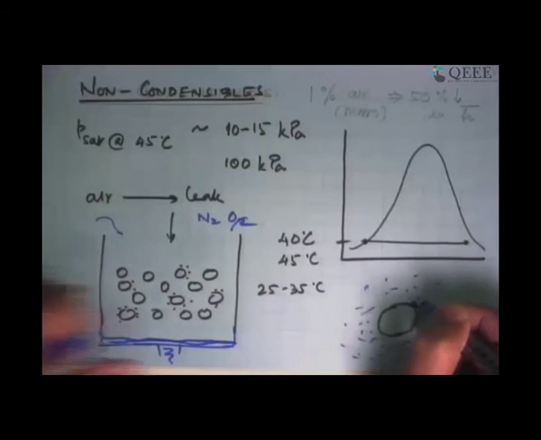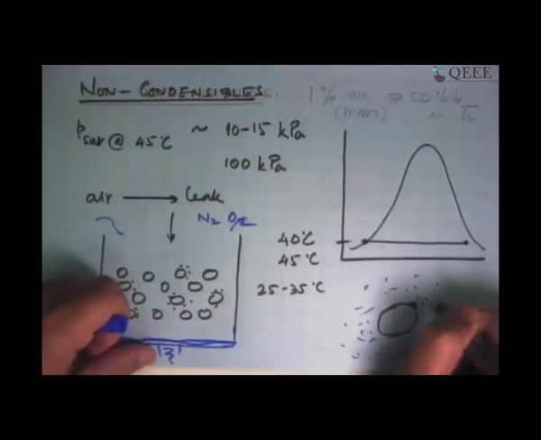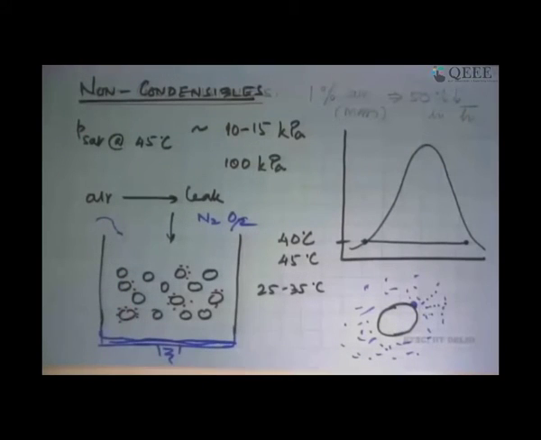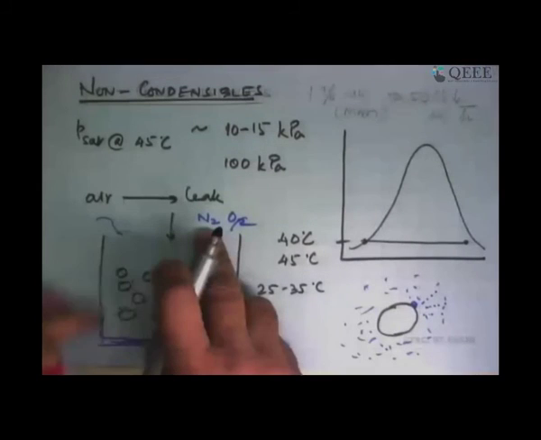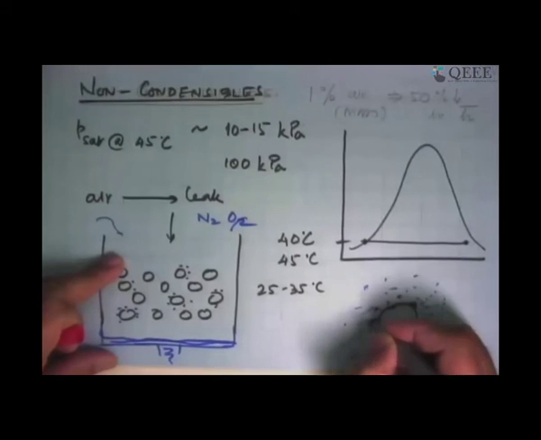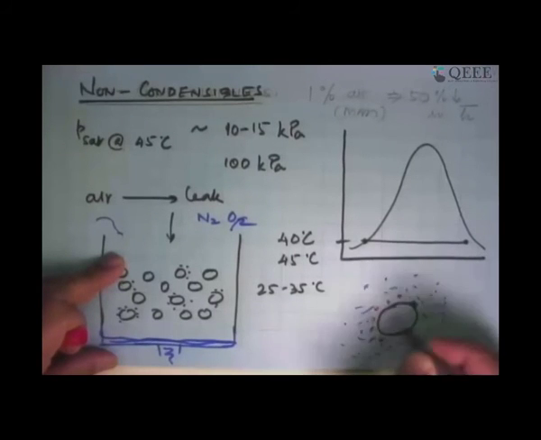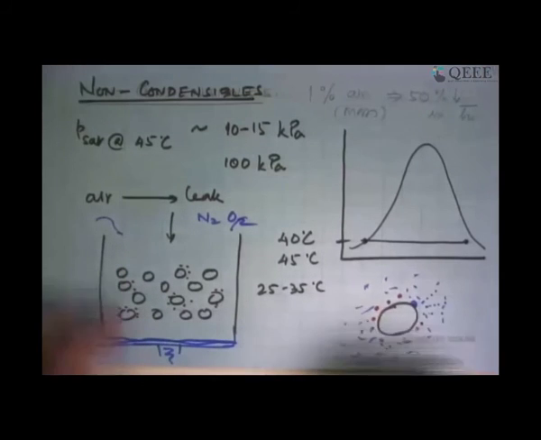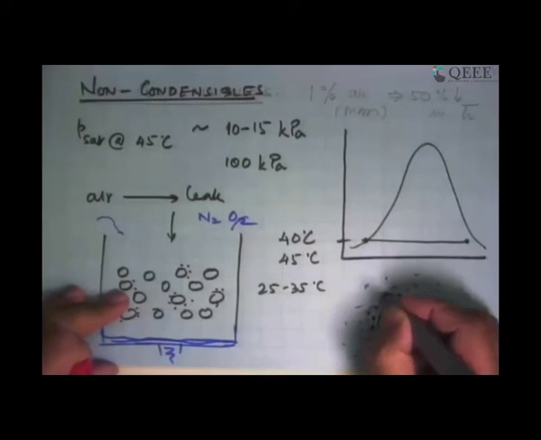There's a big decrease in volume, so there will be a sort of a net flow of vapor molecules towards the surface. Add to this some nitrogen and oxygen, and you'll realize that these nitrogen and oxygen will just come and sit there. They have no place to go. So they will keep building up here.